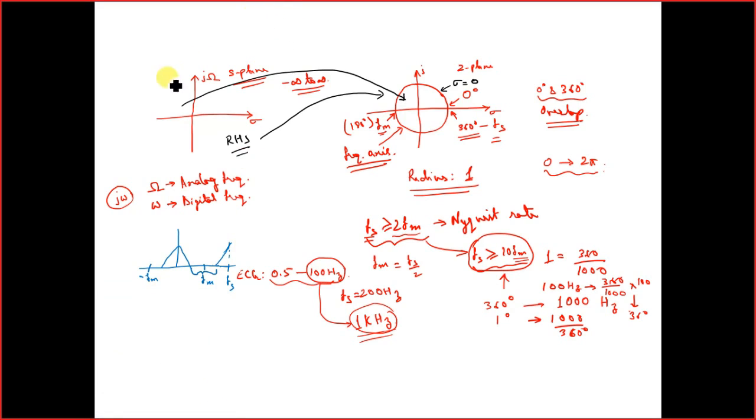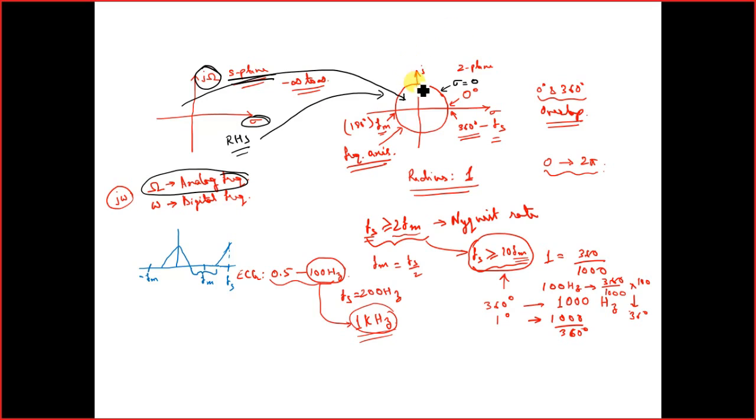Over here, this is the S plane. We have the x-axis, which is the real component, and the y-axis, which is the imaginary component. In the imaginary component we have the analog frequency axis, which is given by omega.